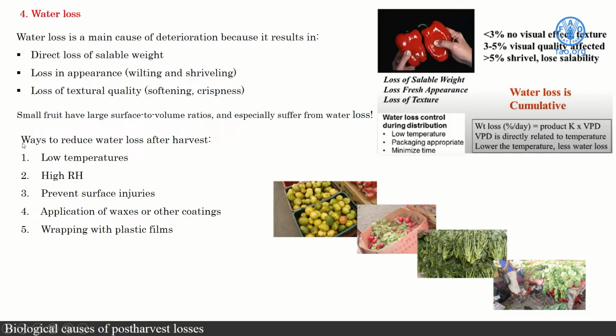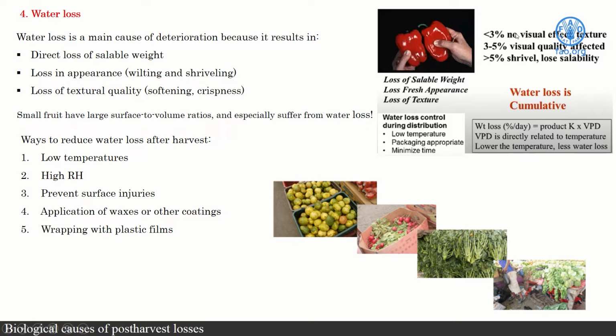These are the ways to reduce water loss after harvest. The first one is low temperatures, then high relative humidity, preventing surface injuries, application of waxes or other coatings, edible coatings, and wrapping with plastic films.